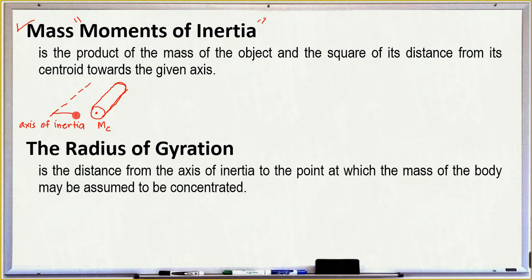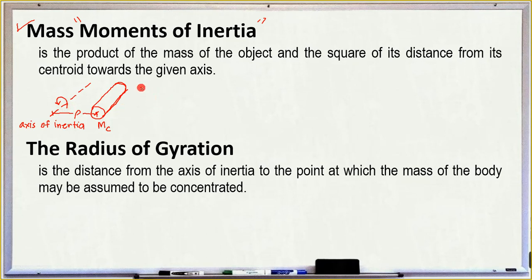We're going to call this one as rho. Okay, so in our analysis, let's assume that this cylinder is about or has a tendency to rotate around this given axis. Okay, so what would be its mass moment of inertia?